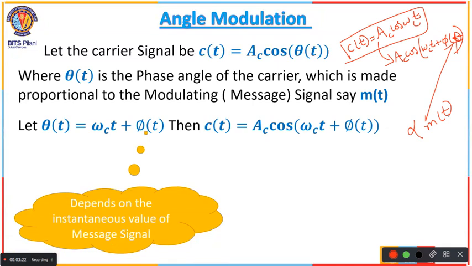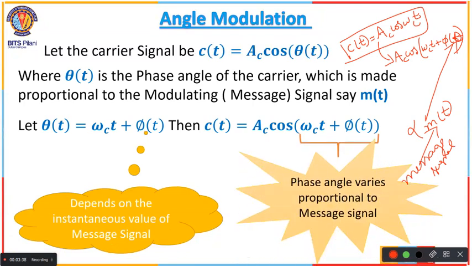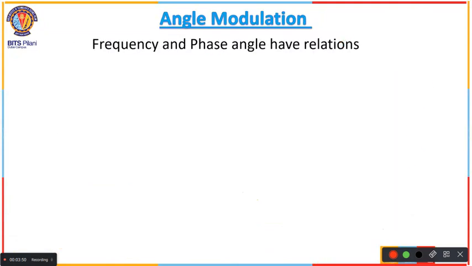This is your message signal. That's what we are doing in this. So this phi of t, I said, the phase angle varies proportional to the message signal. So the total phase angle varies. Ultimately what is going to happen to the carrier wave? Your entire phase angle of the carrier wave will vary according to the message signal.